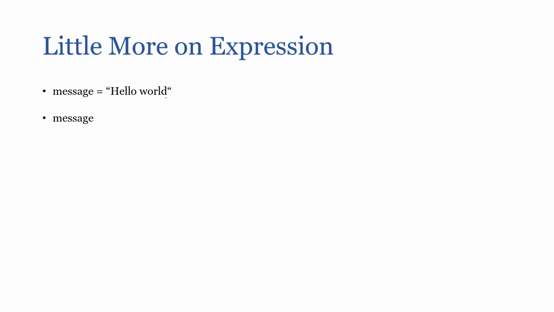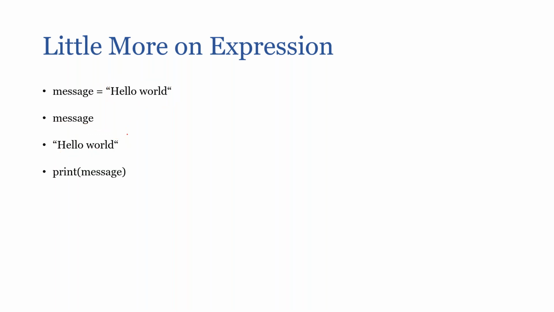Now in the Jupyter notebook, you type message and you see the result. The result will be as it is. You have assigned hello world with quotes to the variable message, and when you wanted to see what is there in the message, you get it as it is. There is not an iota of difference between what you have assigned and what you get.